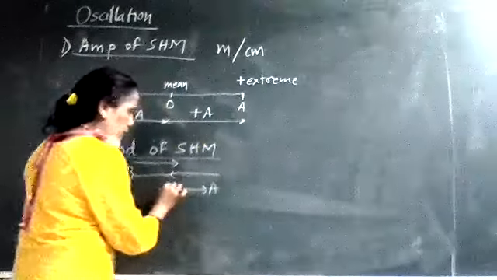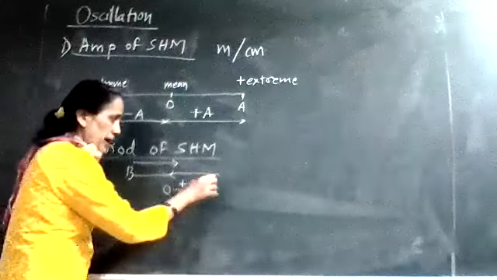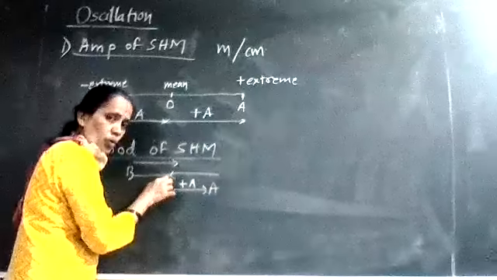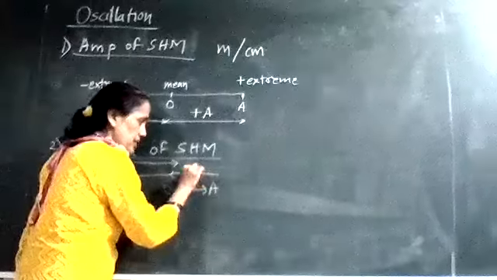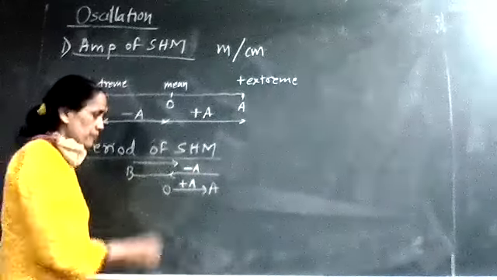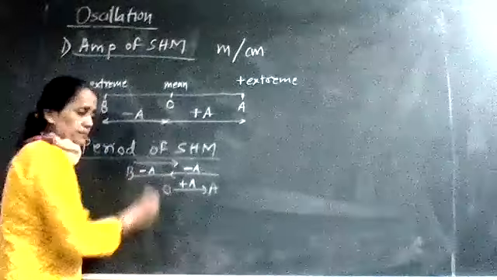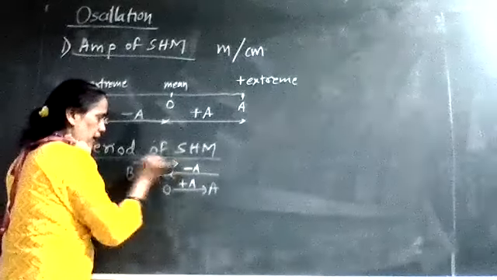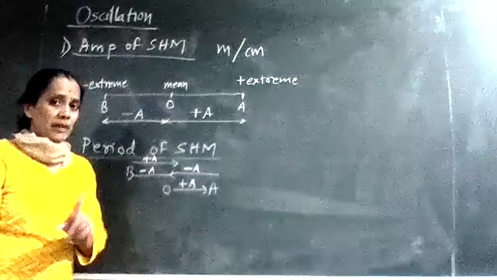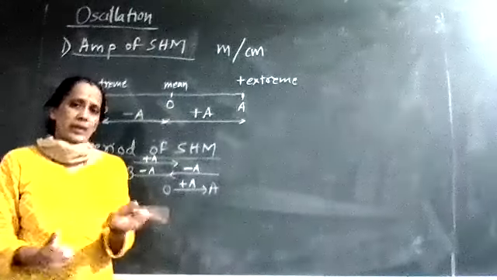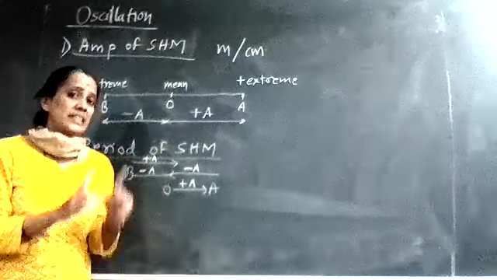Now, see here. When the particle is moving from O to A, displacement is plus. When the particle is moving from extreme to O, displacement is minus. Then when it is moving from O to B, minus. And B to O, plus. Now my question: you know two physical quantities are different. First I am going to call distance.